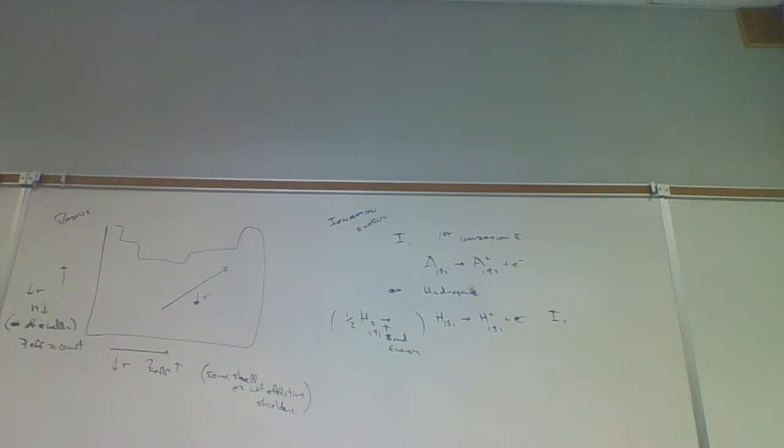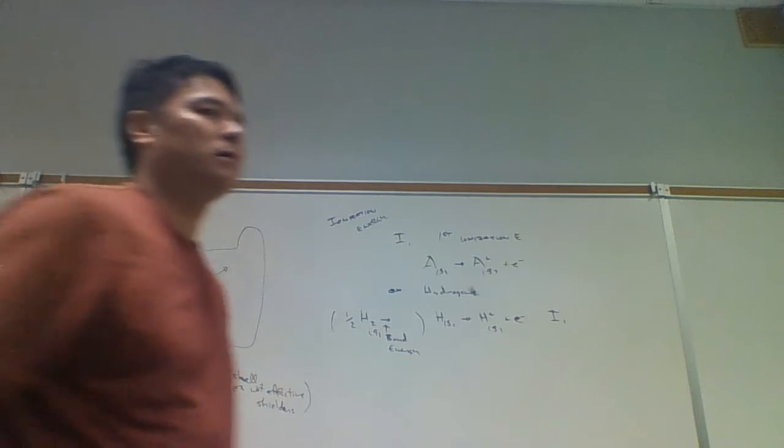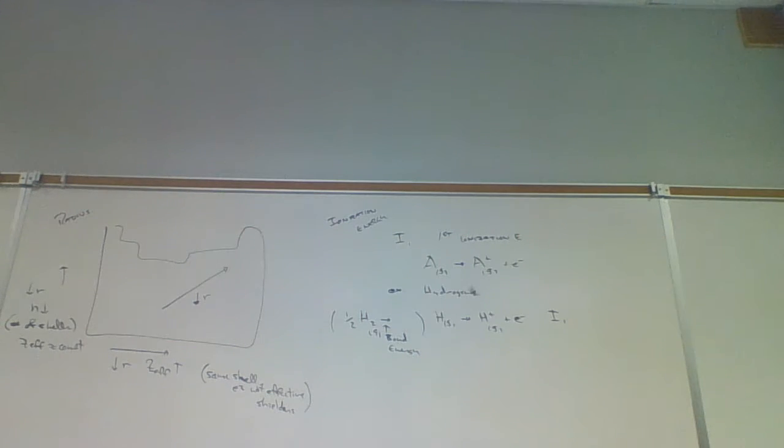Now hydrogen won't have an I2. Why is that? It doesn't have a second ionization energy because it only has one electron, so that's all it can lose. But other species could potentially have more than one electron, like helium. Helium could lose the first electron, which will be I1, and then the second electron, which would be I2.